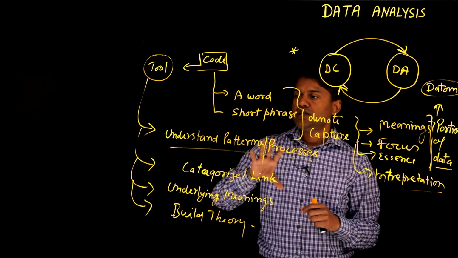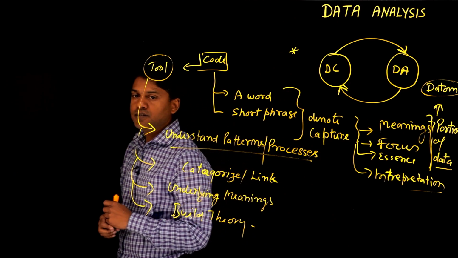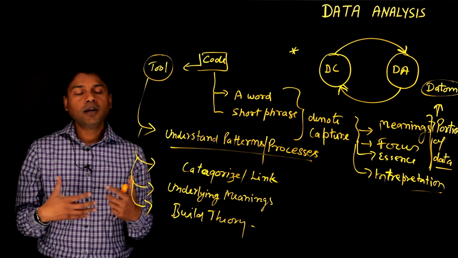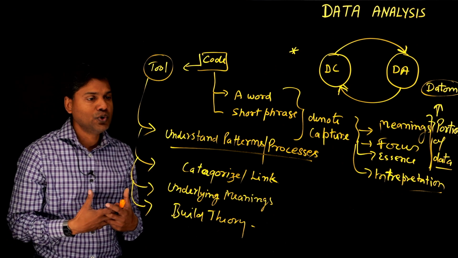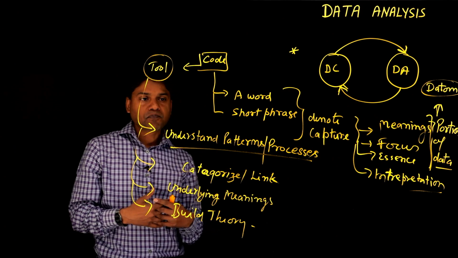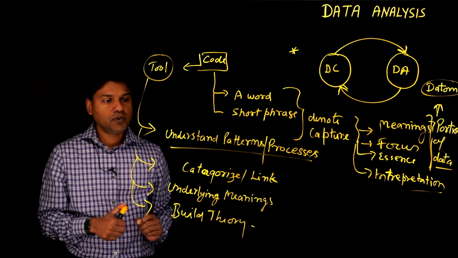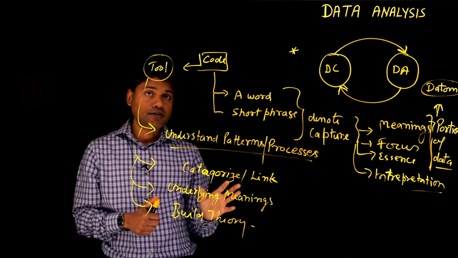So these are some of the reasons why coding is important, and how coding helps us to understand and analyze the data. So that's briefly about the qualitative research coding process.